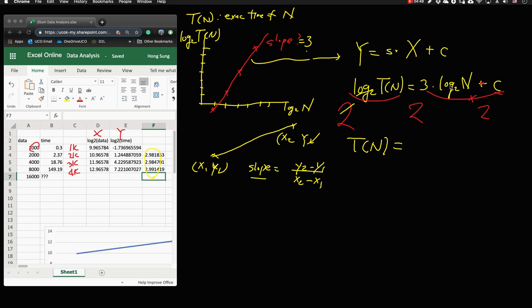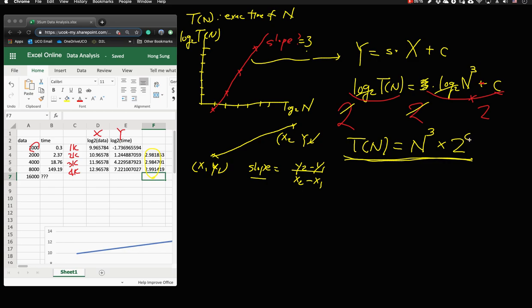The 3 times log n, 3 can go up as n cubed, so exponent 2 and log2 cancel out. This is n cubed times 2 to the power of c. So that's another rearrangement of the equation. So this is the final equation for the line we have.